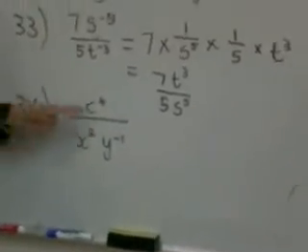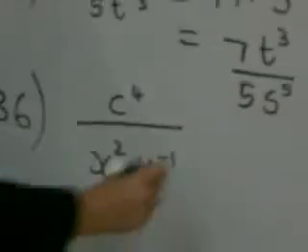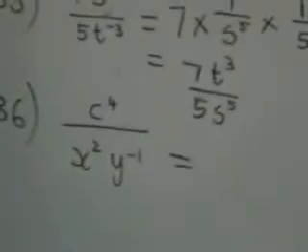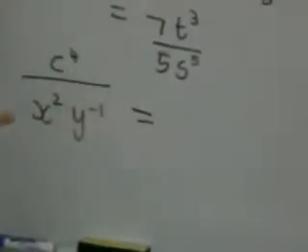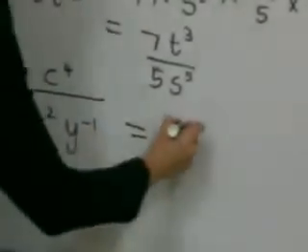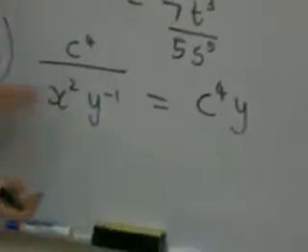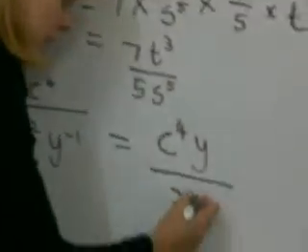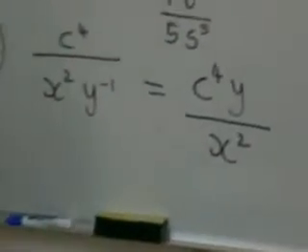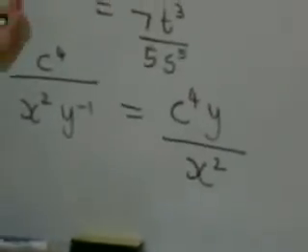All we need to do is get rid of this minus 1 because we wanted to write everything as a positive exponent. So if that's minus 1, it's below the line, it's a double negative, it becomes positive. So we have c to the 4 y, and we never write the exponent 1, it's not necessary because we know it's to the 1, divided by x to the 2. And those are the 6 examples included in this movie.